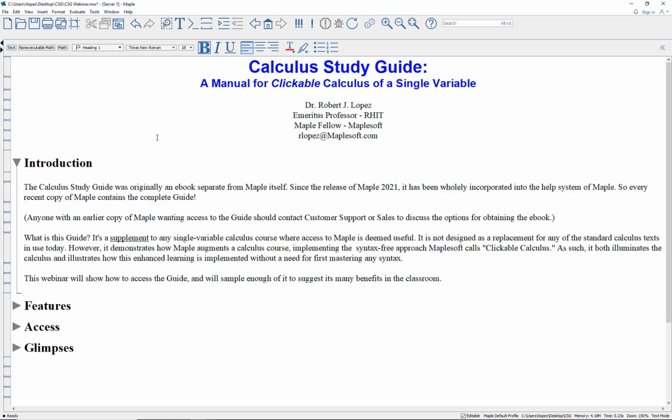So it illuminates calculus and it illustrates how this enhanced learning is implemented in Maple without a need for first mastering syntax. So in this webinar, we're going to show how to access the guide in the help system, and we'll sample enough of it so that you can judge whether or not it's a worthwhile addition to your slate of tools in the classroom.